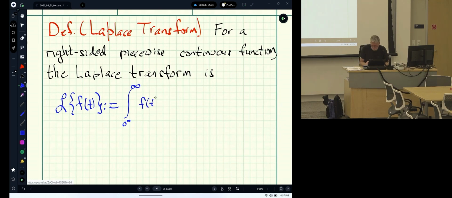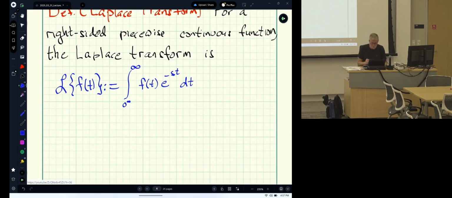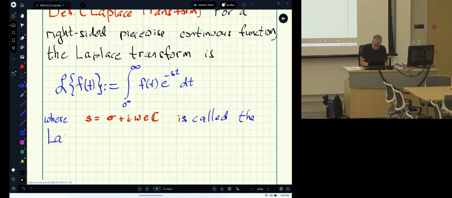It's the integral of f of t e to the minus st dt, where s equals, let me catch up. That's called the Laplace variable.